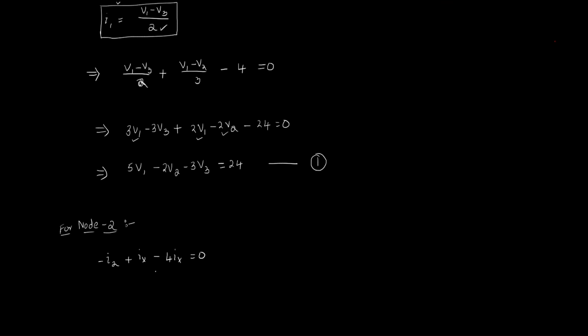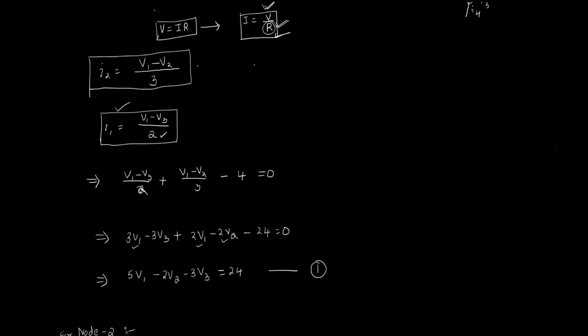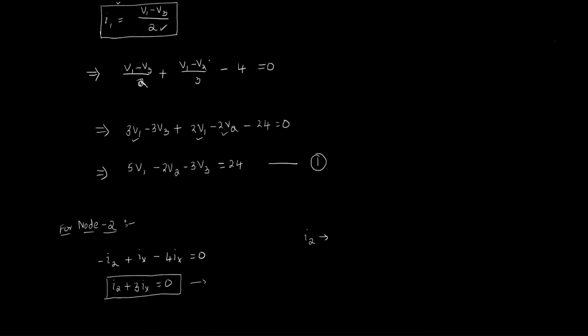So if we rewrite this equation, then we obtain I2 plus 3 Ix is 0. Now if we write this equation in terms of voltage, then we can write the current I2 as V1 minus V2 by 3.